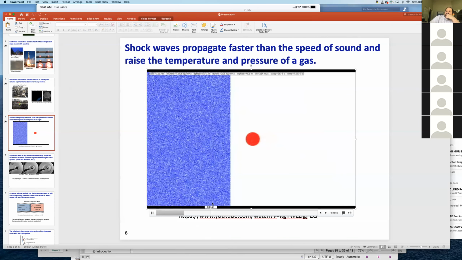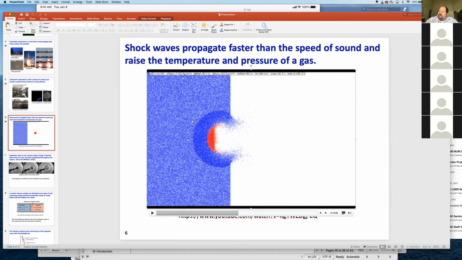So you see the impactor going in, you see it impacting right here. And if I stop the movie, you see here, the impactor is right here, and you see this traveling front here, that is called a granular shock wave.